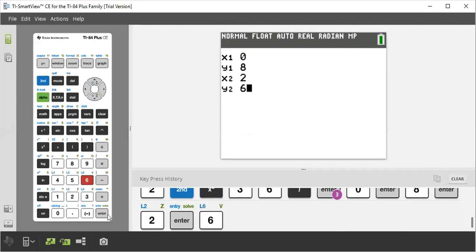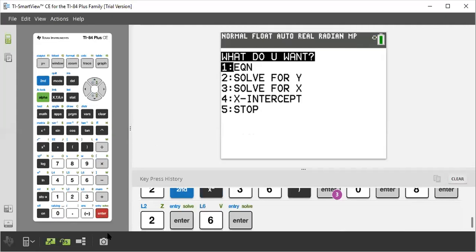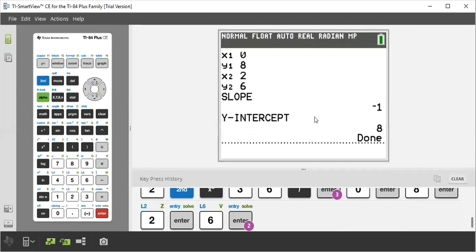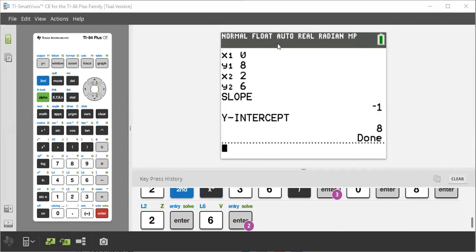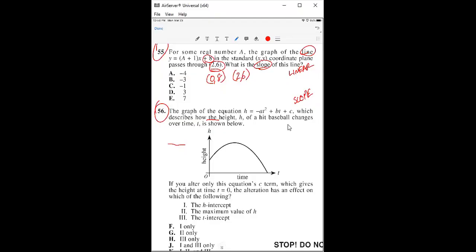Press enter. We want the equation. It tells us that the slope is -1. The y-intercept is 8 as we expect, so the slope is -1. This question is done. All we have to do is grid it in, and we are finished. It would be C. Slope is -1.